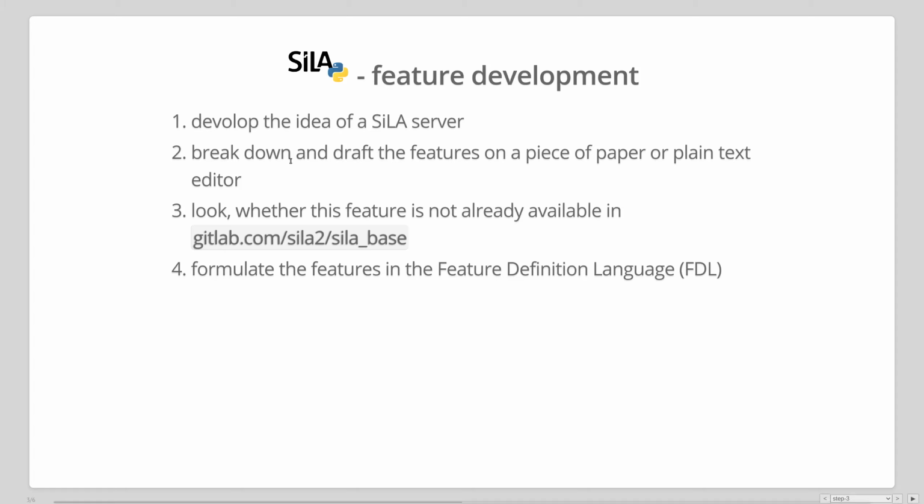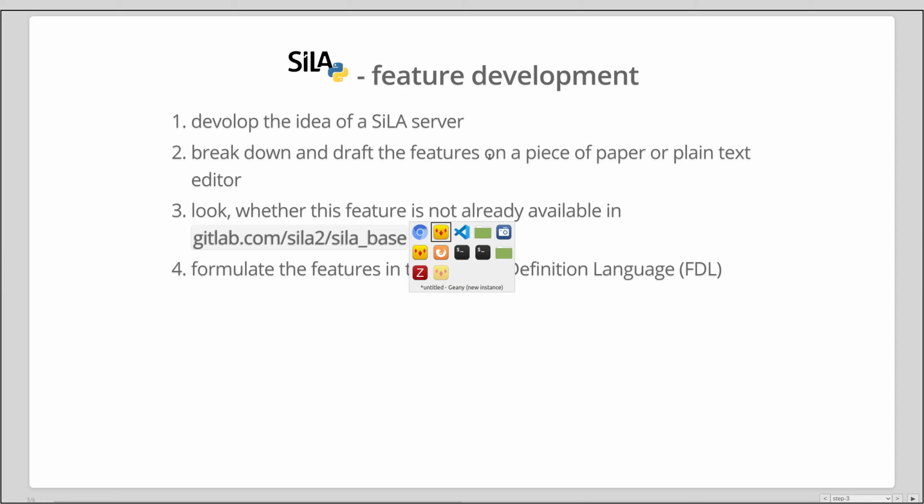And the best way to do that is to take a piece of paper and a pencil or a plain text editor and then just write down how the server should be designed. So let's just do that to give you an example of how to do that.